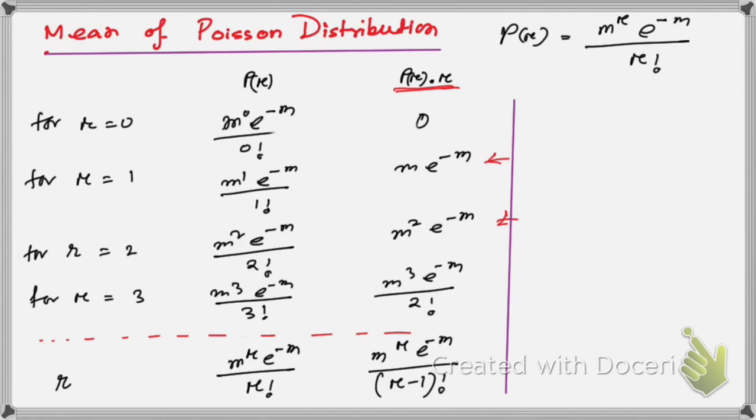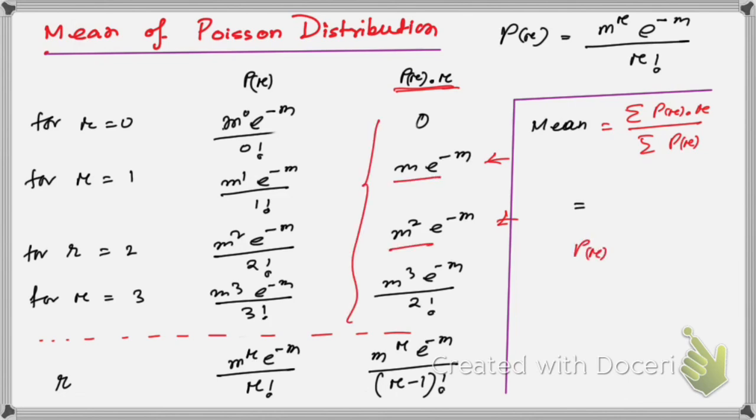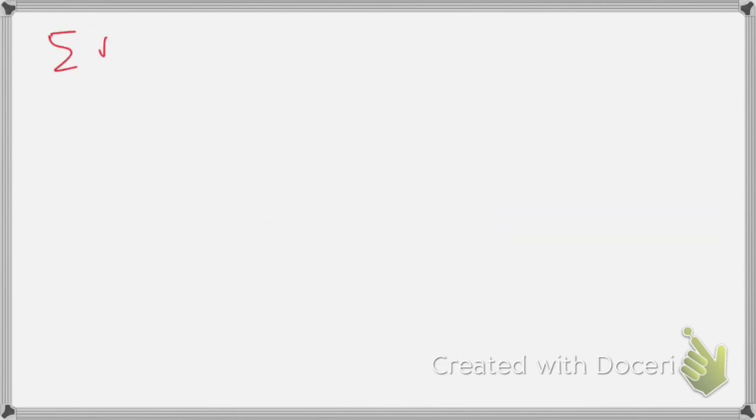So now to find the mean, we need to take the summation of P(r) into r, divided by the summation of P(r). First let me find the summation of P(r) into r in the next slide. If you add all the terms, you will get this.